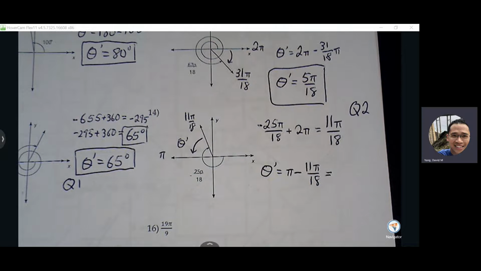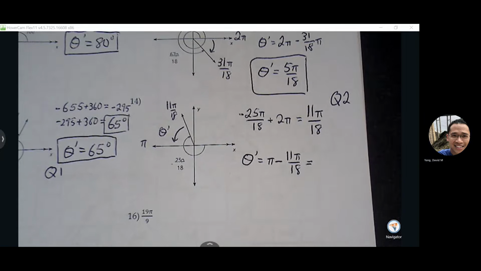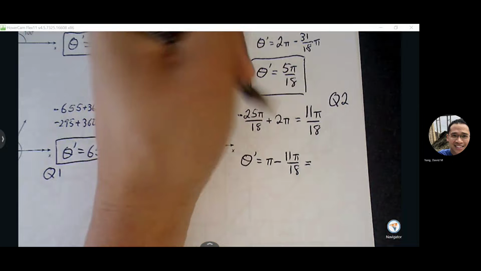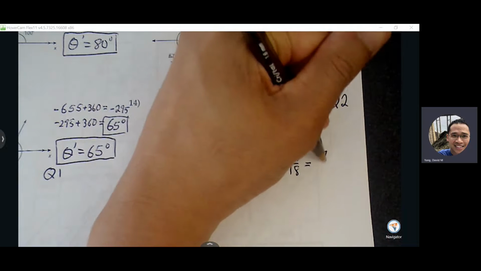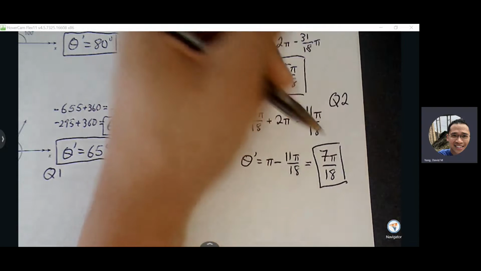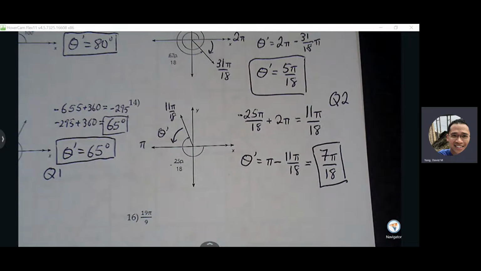So then 1 minus 11/18, which is the same thing as 18 minus 11, which is 7. And then double check, make sure that your fraction 7/18 is less than 0.5, and it is. So you know that is a safe reference angle that's between 0 and pi/2.